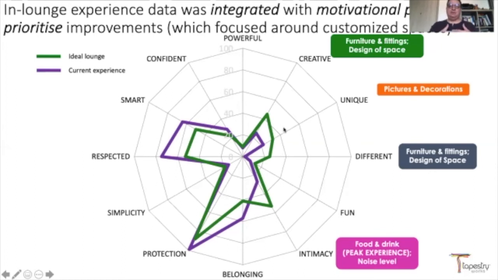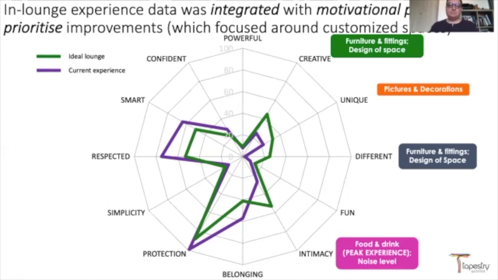By tying the sensory data with the motivational data, we found self-expression was mostly about creating a slightly more customized feel to the design: furniture and fittings, design of space, pictures and decorations, making each seat or place a little bit different rather than everything being the same.